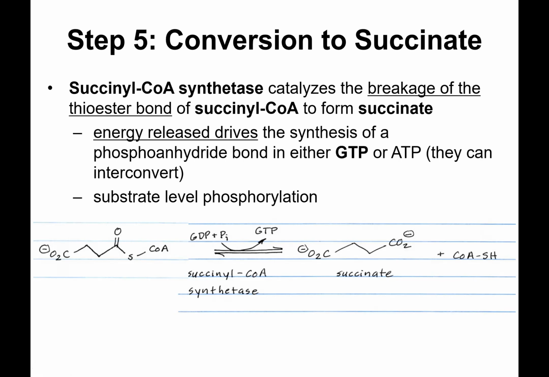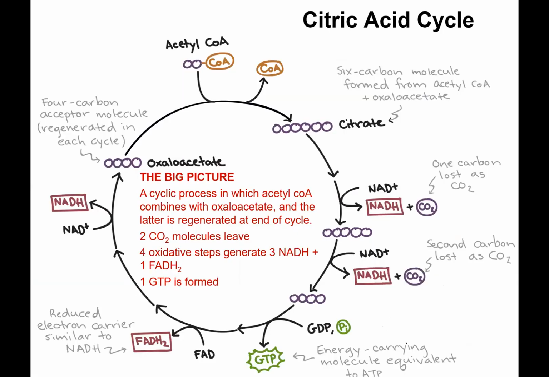Okay, 250 it is. So where were we? We had just gotten to, well, let's go back and figure out where we were. We condensed these two molecules, oxaloacetate and acetyl CoA. We got citrate.